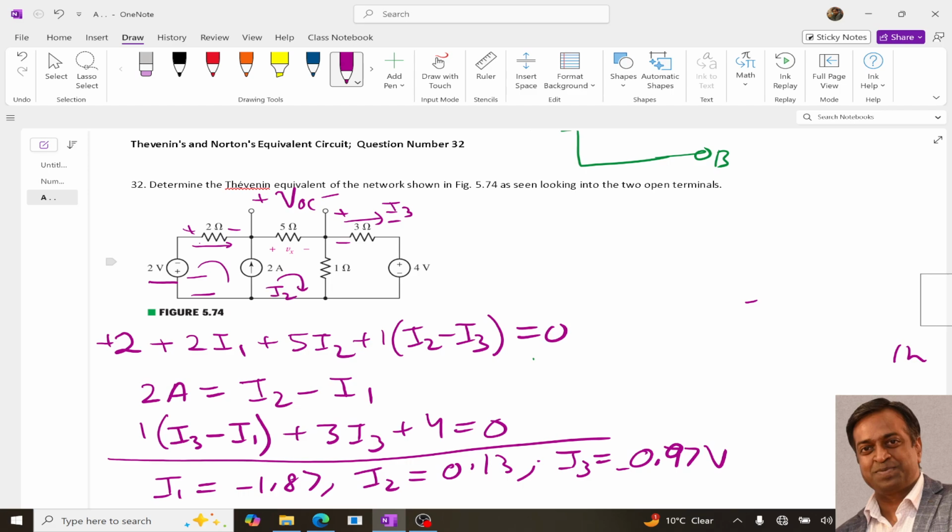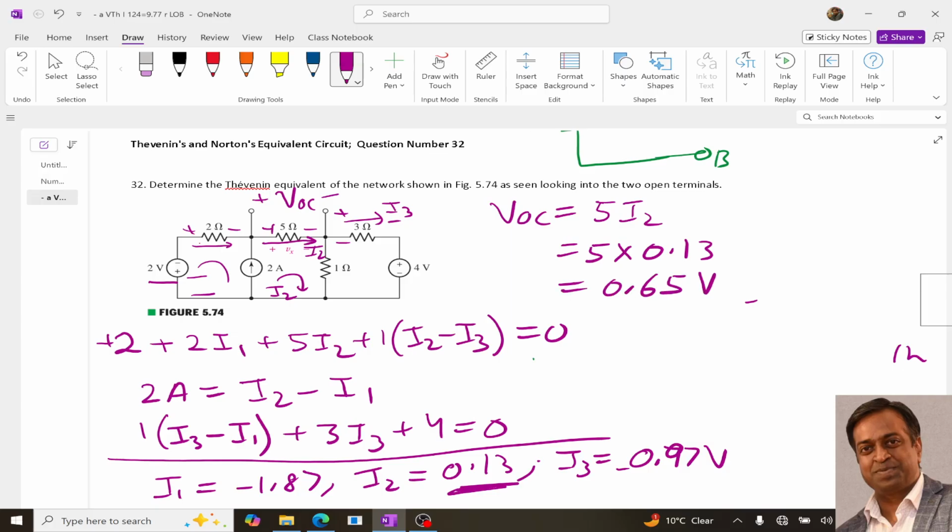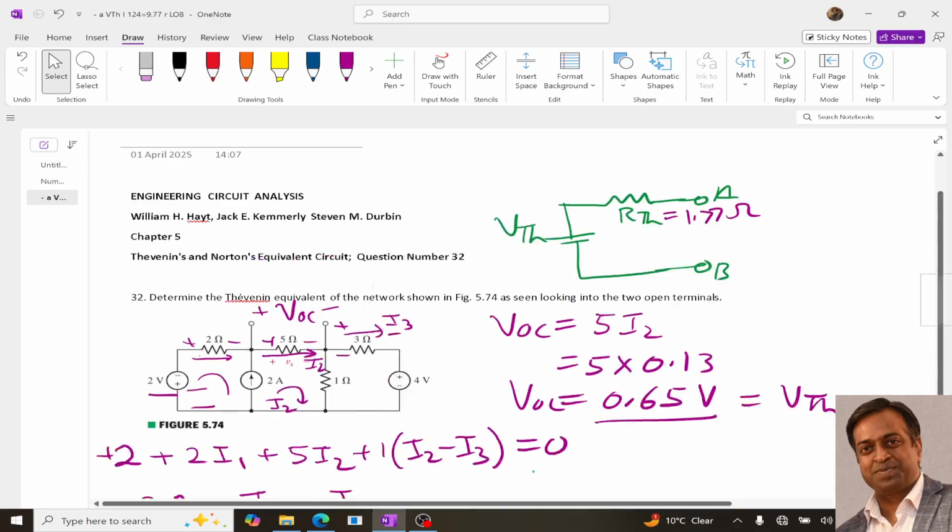Through this 5 ohm only the I2 current is flowing, and plus is over here, minus is over there. So our VOC is equal to the voltage drop across the 5 ohm, which is 5I2. We get I2 as 0.13, so 5 into 0.13 gives 0.65 volt. So this is our VOC, which is also our VTH.